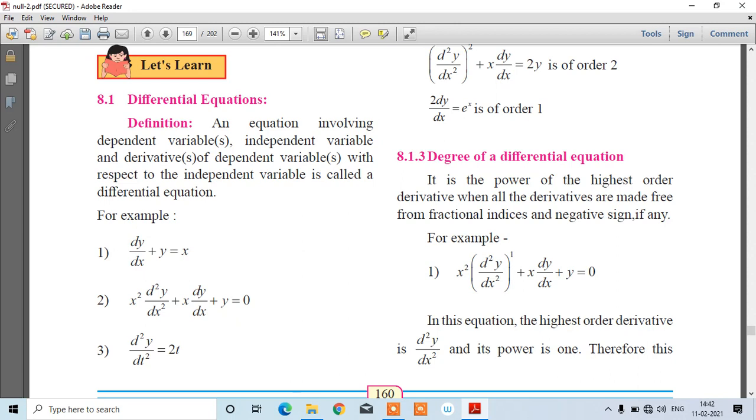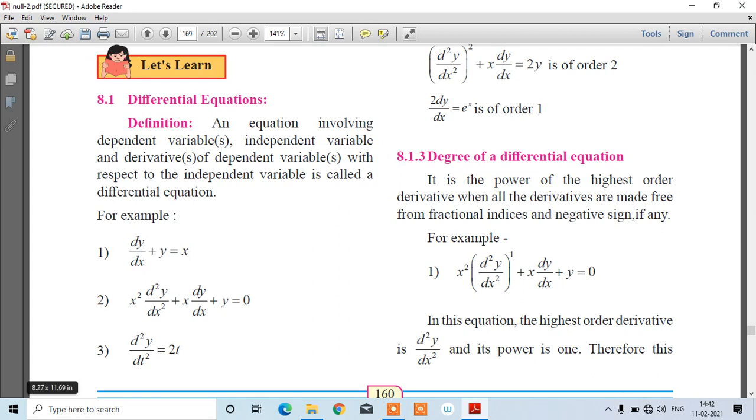It contains the dependent variable, the independent variable, and here it contains the first order derivative, that is dy by dx, and the second order derivative, that is d square y upon dx square. So this is also an example of differential equation.